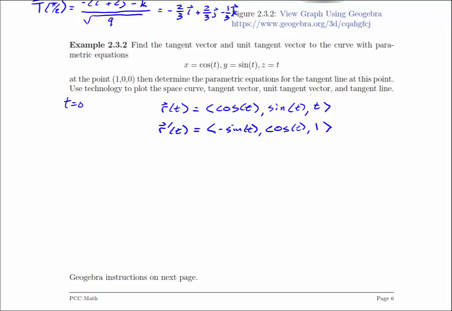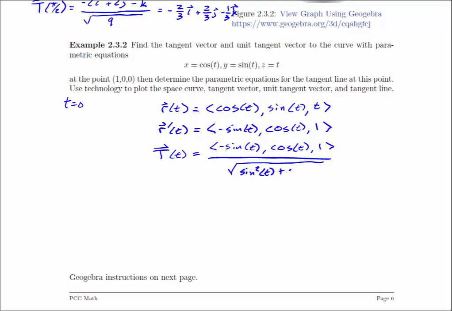My unit tangent vector function is this divided by its magnitude. So the unit tangent vector function is the derivative divided by its magnitude, and I get the magnitude by taking the square root of the sum of the squares of the components using the Pythagorean theorem. So I get the square root of sine squared of t plus cosine squared of t plus 1.